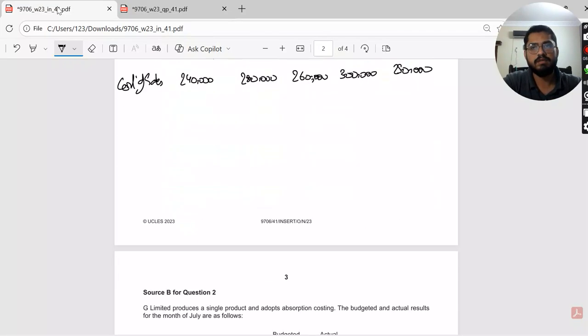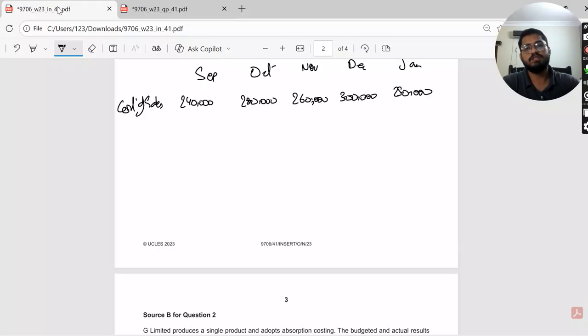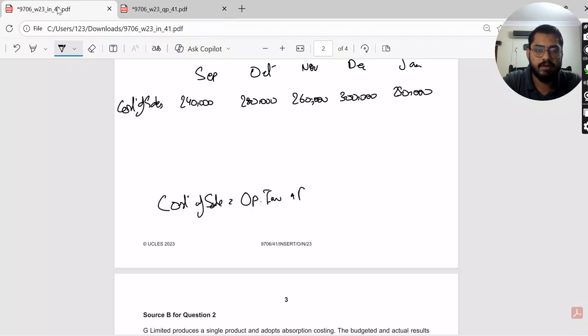Now to calculate the purchases from cost of sales, let's just revise the formula for it. So we can calculate cost of sales by taking the opening inventory, then we add purchases, and then we deduct the closing inventory from that amount. Now we can rearrange this formula and calculate the purchases as well.